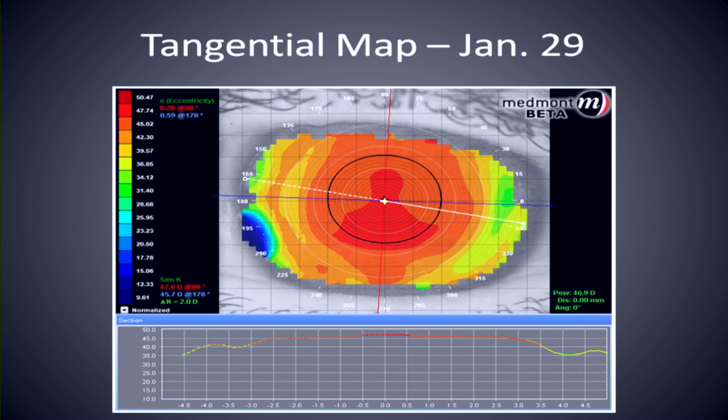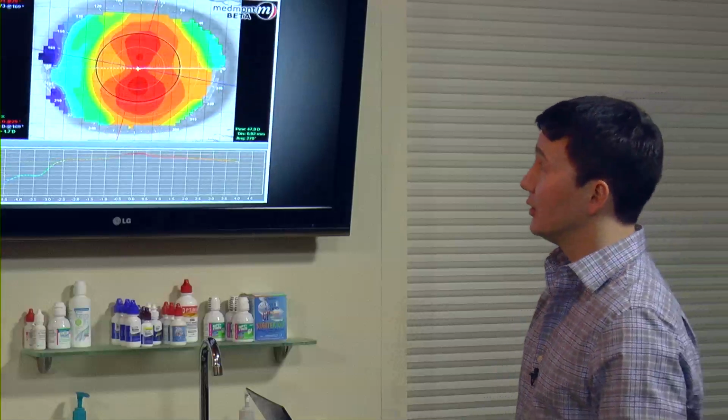Where is the cone? So look at these two arcs here. Doesn't this look a little too mechanical to you? It's a perfect mirror on either side. And we know eyes aren't utterly symmetrical. So the tangential map is great when you want to pick up finite changes in the corneal surface. So axial for refraction, tangential for shape.